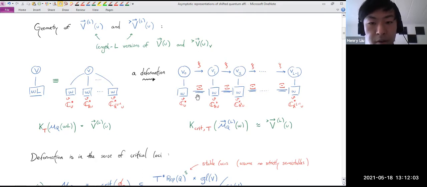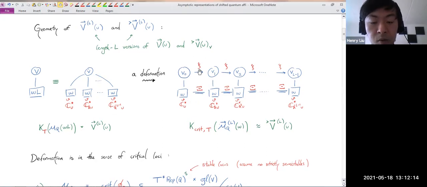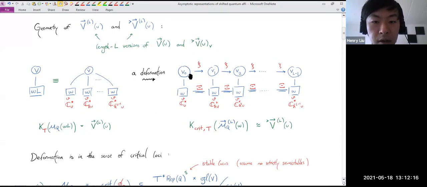In fact, you can be very explicit about what xi here is, because it's just multiplication by h bar. And this small xi, which is acting on the regular nodes, well, right now we don't really know what it is, but later these will be the surjections which will form a flag.